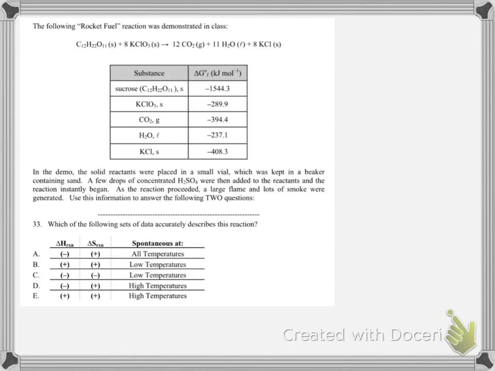Okay, here we have the rocket fuel demo. And we've done this in lecture, and it's the thing that makes a ton of flames. And so when you have a ton of flames and fire and explosions and stuff, hopefully it's clear that this will be exothermic.